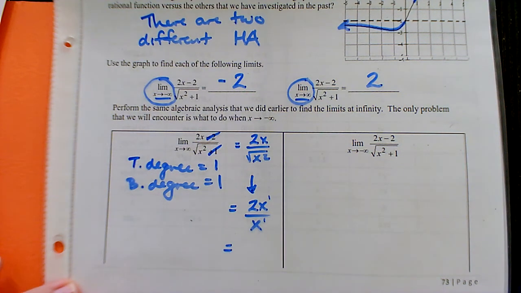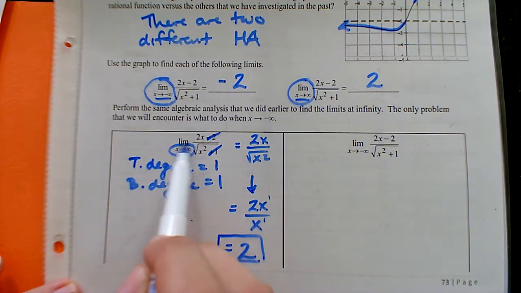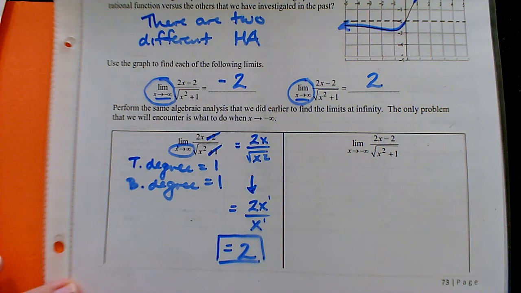So if they have the same growth rate, we should take the division of their coefficients. 2 divided by 1 is 2. Didn't we say that was the horizontal asymptote for the right-hand side if we approach positive infinity? Does that make sense?